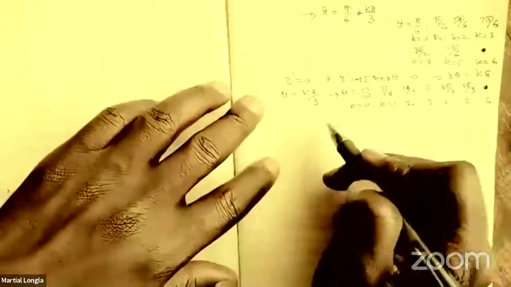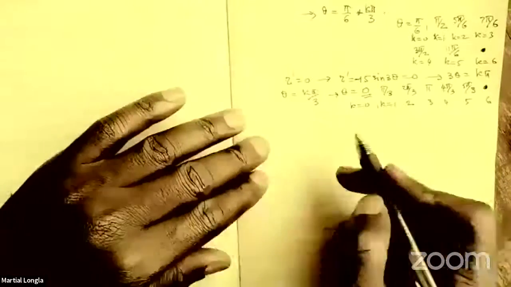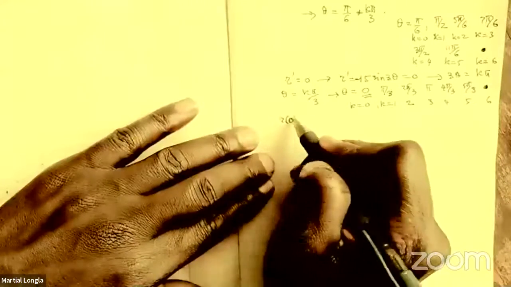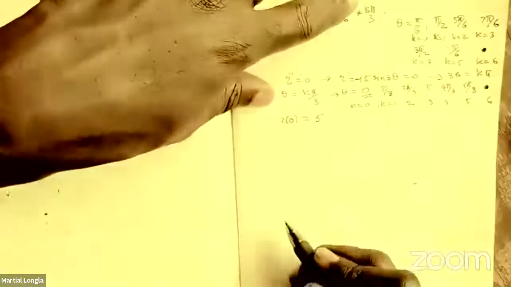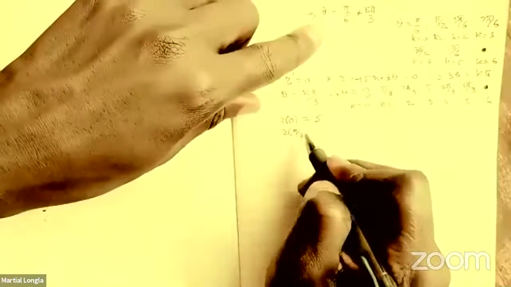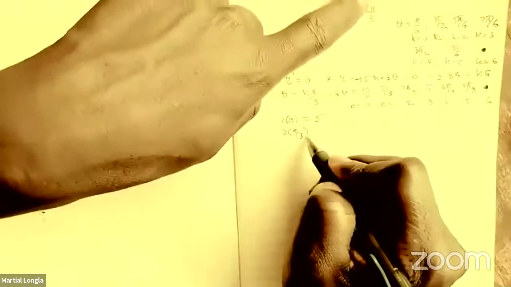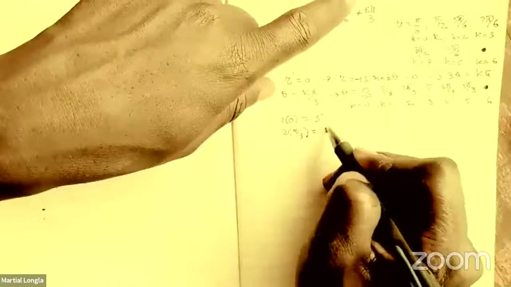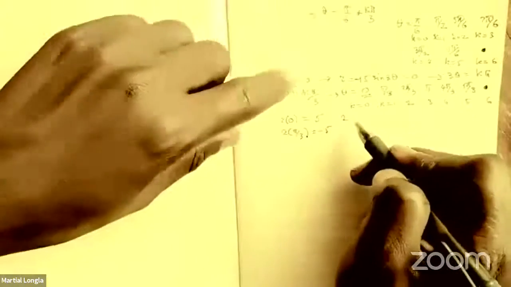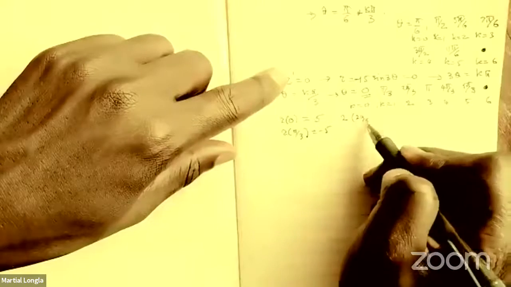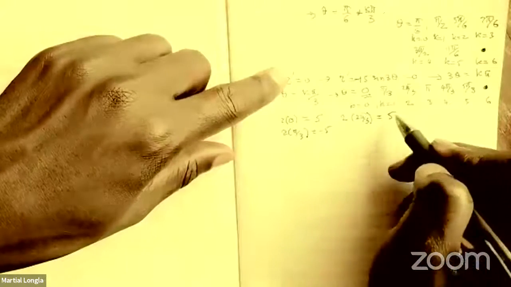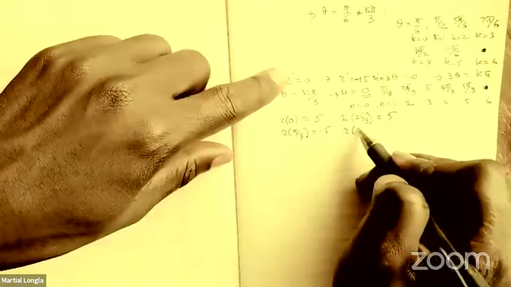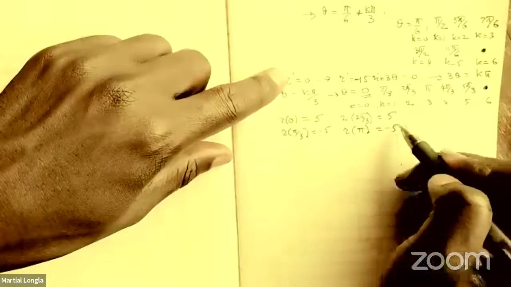And before doing the sketch, look at the value of the function at the points where r prime is equal to 0. So you'll find r of 0. R of 0, that's 5 cosine 0. R of pi over 3: 3 times pi over 3 is pi, cosine of pi is negative 5. Then r of 2 pi over 3, that's 5. Then r of pi is going to be negative 5.